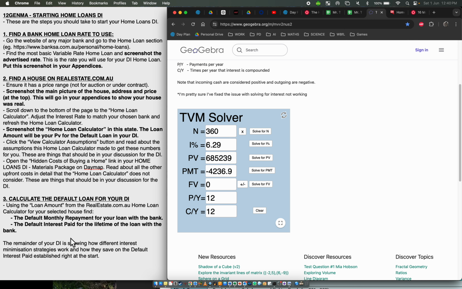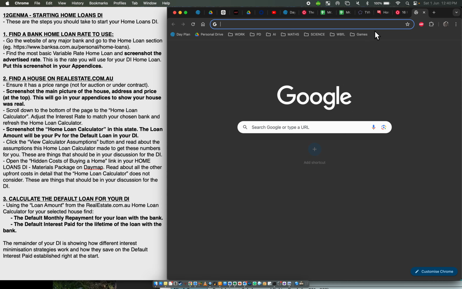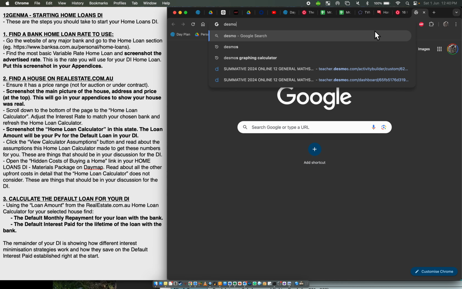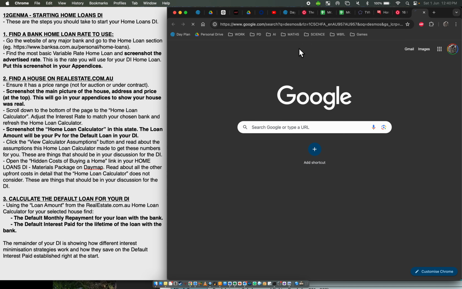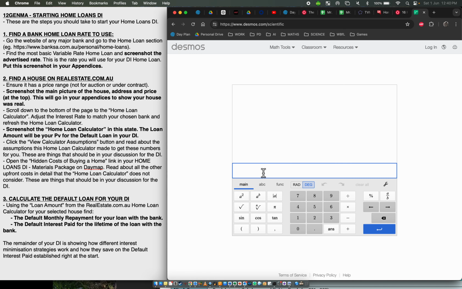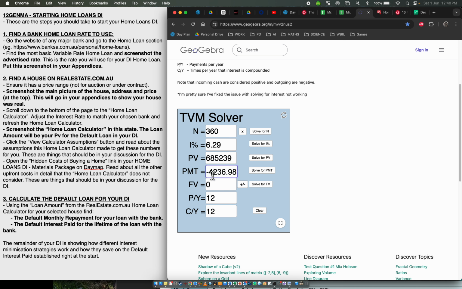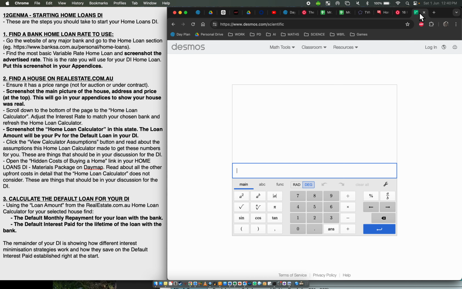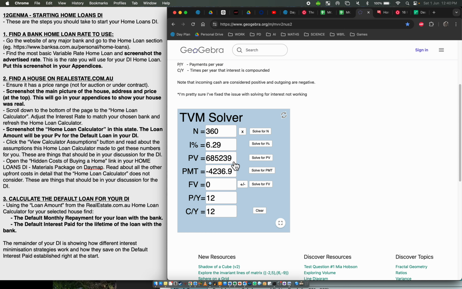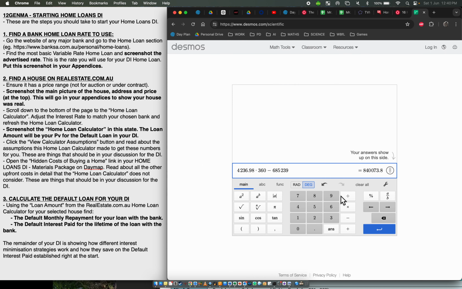And then we want to find the default interest paid for the lifetime of the loan. So Desmos calculator. Interest paid is equal to PMT times N, which is 360, minus the PV, 685,239.